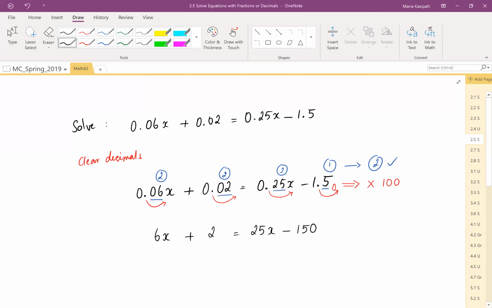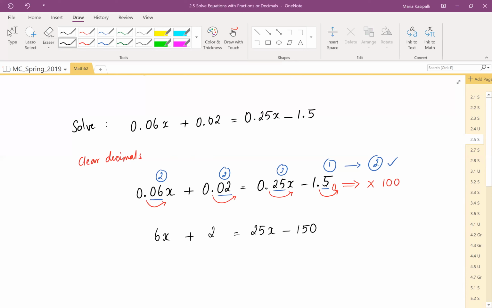Now let's move the 2 over to the other side, because we want to collect all the numbers on the other side. That goes away. Negative 19x equals negative 152. All right, now we need to isolate x. So divide by negative 19 on both sides.